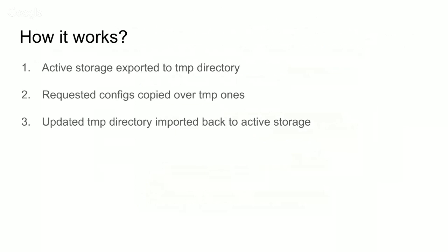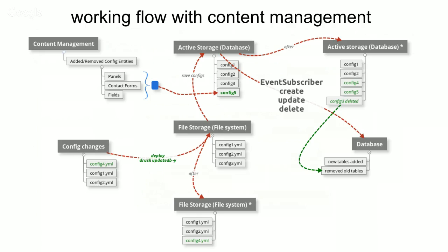So actually, this is a pretty fast, atomic operation. So overall site downtime can be a few seconds, but it's not actually downtime. It's actually the impossibility to enter something into the configuration storage. So the site is working during this process without any issues.